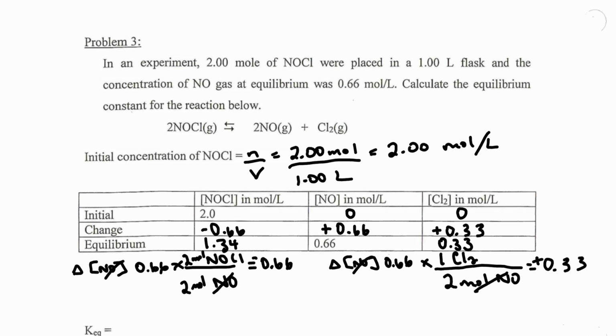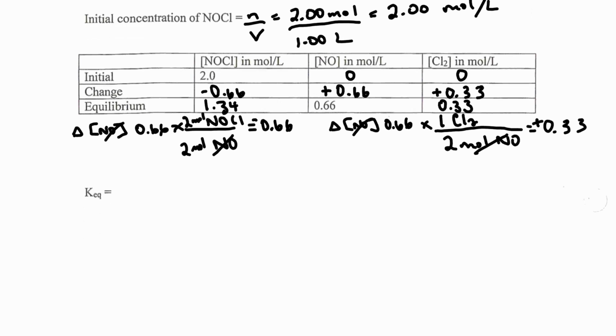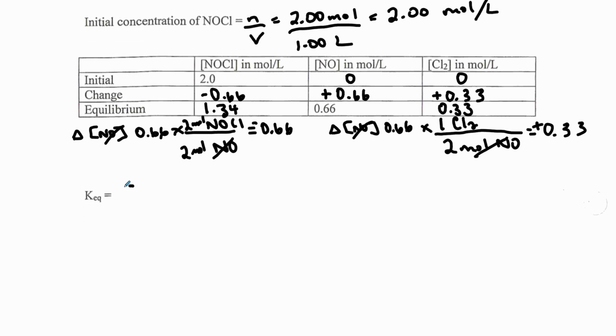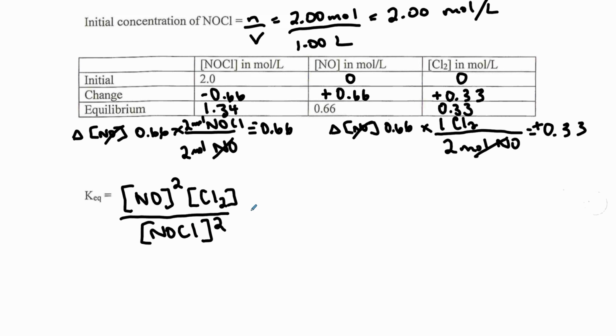So now all I have to do is use those equilibrium concentrations to solve for KEQ. So I've got the concentration of NO squared, multiplied by the concentration of Cl2, divided by the concentration of NOCl, and that is squared.